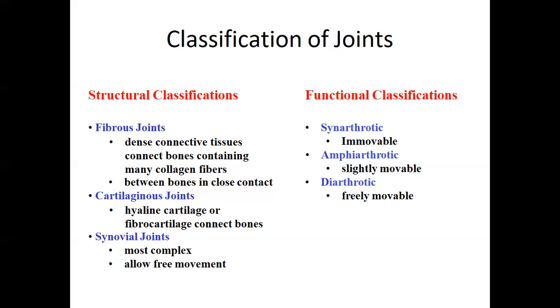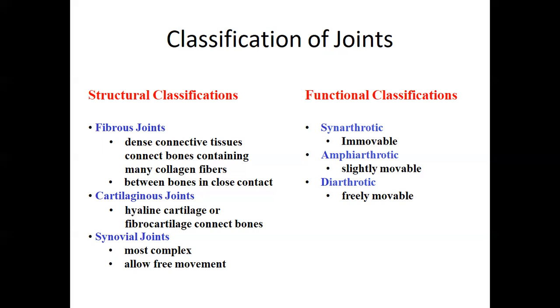And then you have the synovial joints, which are the most complex joints in the body. These are the ones that allow free movement, so you have the most movement at a joint in the synovial joints. Now, for the functional classifications, you have how much movement the joint allows.